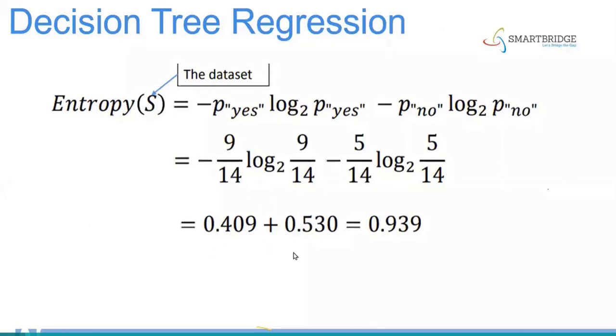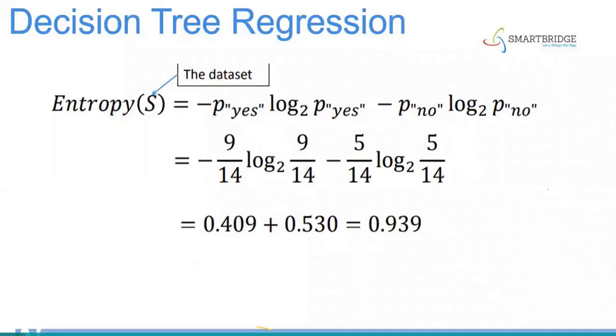So now you get 0.939. That means entropy is high. If the entropy is high, then the randomness or the disorderedness of the data is high. So that's the reason you have to split the data into separate parts to get the pure set.